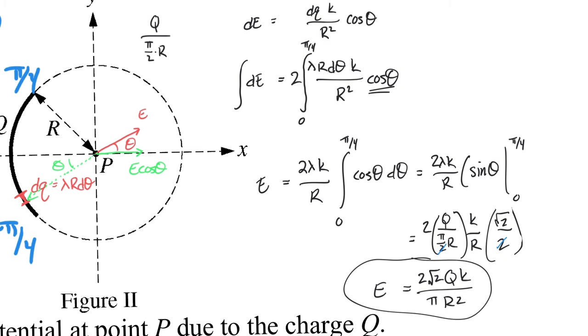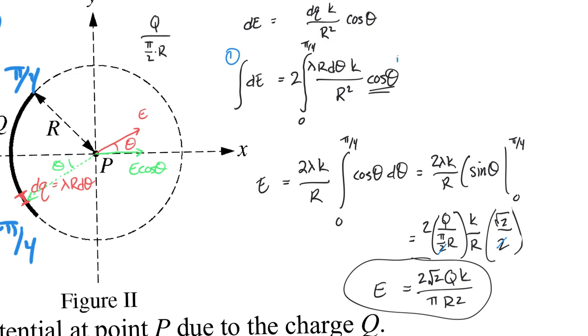All right, so points. They gave 1 point for any indication that the total electric field is the integral of all of the horizontal components. They gave 1 point for indicating you have to integrate all the pieces, but they said integrate the horizontal pieces.